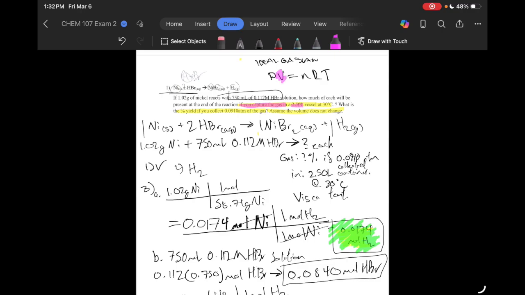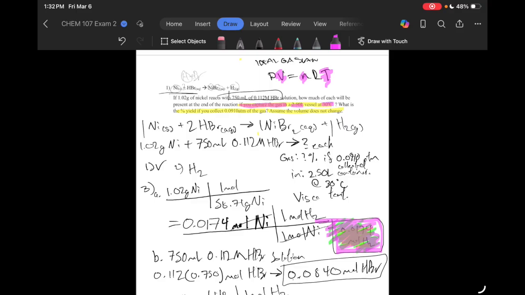Liters is volume, at 30 degrees Celsius, that's temperature. And then R is a constant, right? It's always 0.08206 liters times atmosphere over Kelvin times moles. And N, well, that's what we found in step 3.